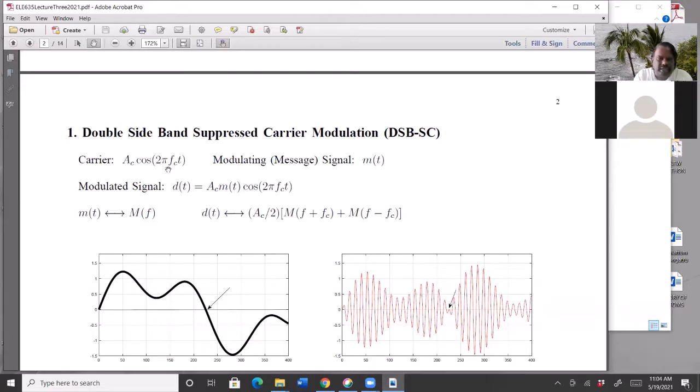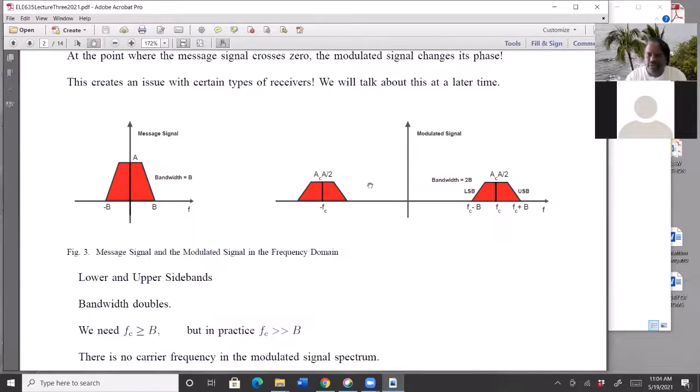Now you guys have to understand this in itself has a spectrum. The spectrum of cosine is half on this side, half on this side. So here it will be Ac over 2 on both sides, and we don't see that here. You don't see a separate signal standing out here, Ac over 2 and Ac over 2.